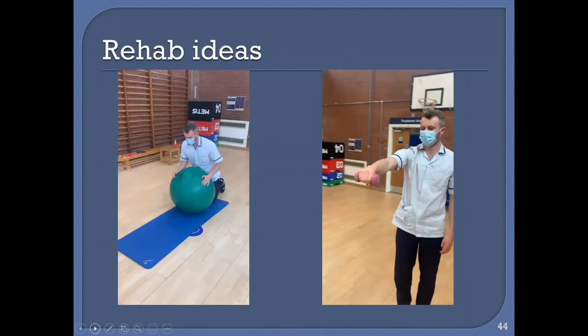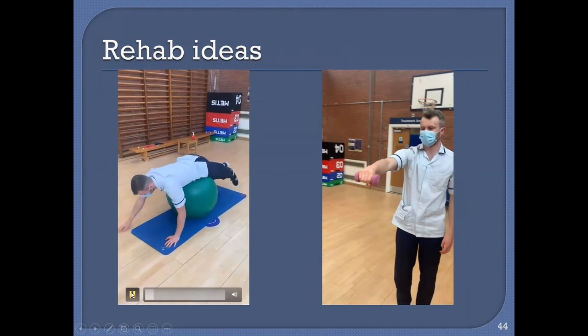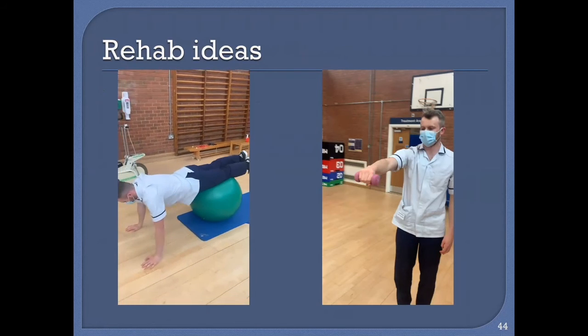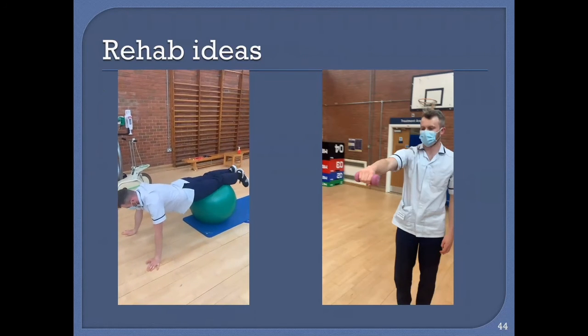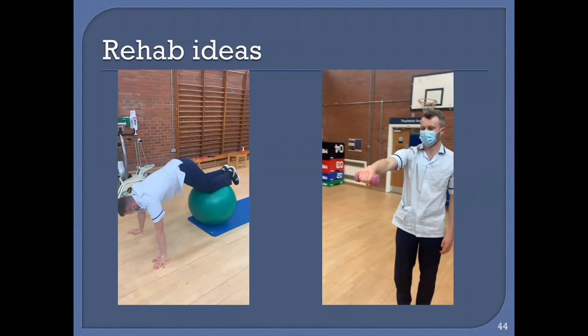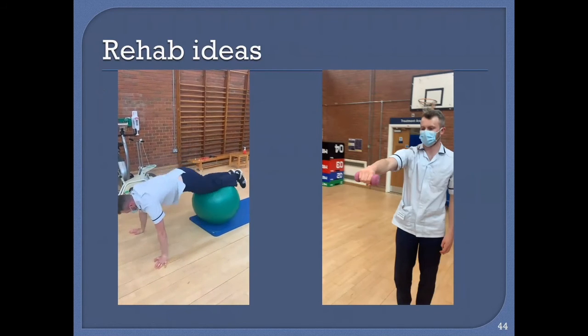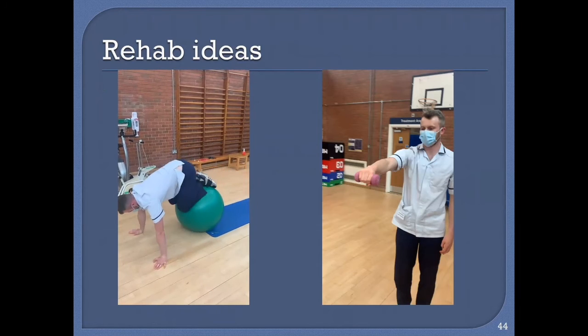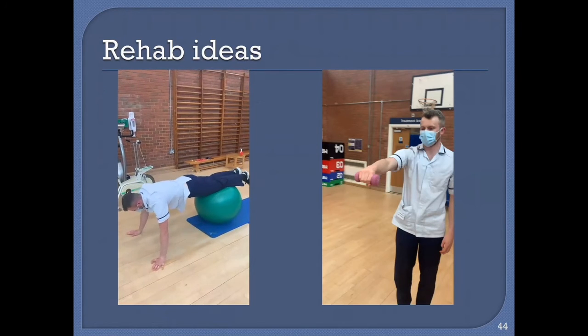So with this posterior dislocator, this is the program I gave him. I get a lot of the stuff from the Liverpool shoulder unit, and they've got a really good website if anybody wants to look, which is Liverpool Shoulder Clinic, with some great YouTube videos and fantastic exercises.